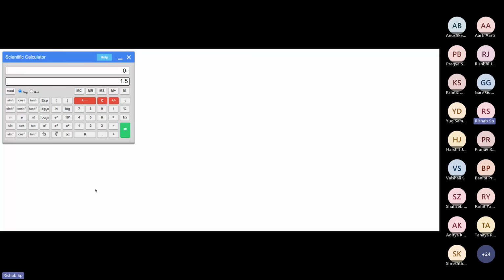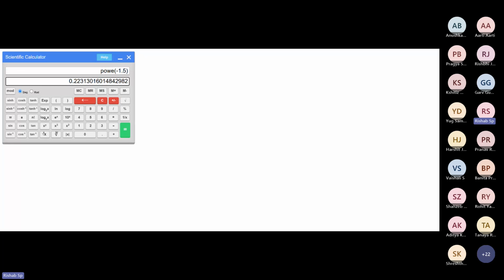I'm clicking on the equal sign, and then you get minus 1.5. This is the final value you are getting. Then you put the exponential e raised to x sign. Yes, 0.223. Exact.